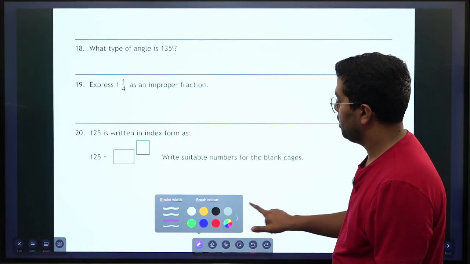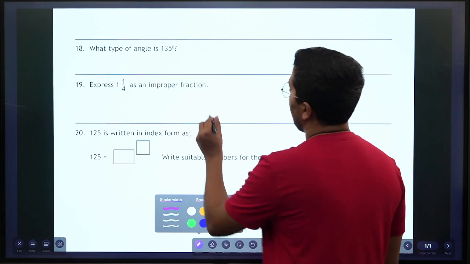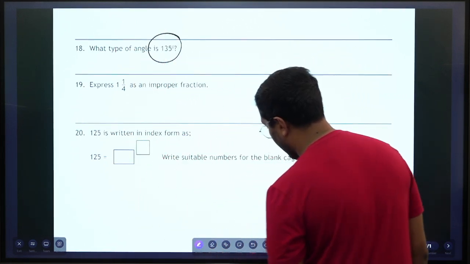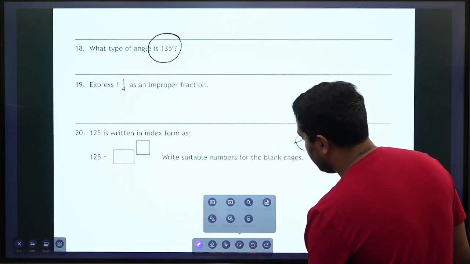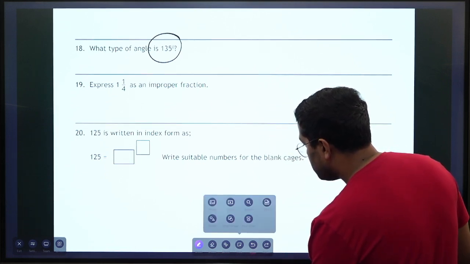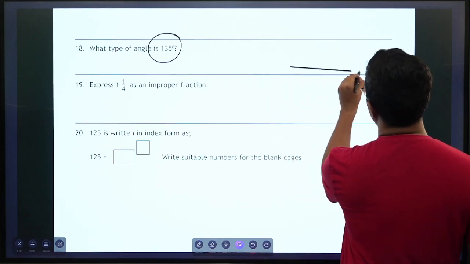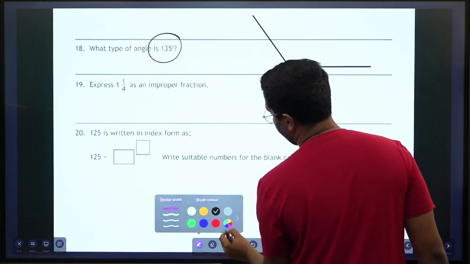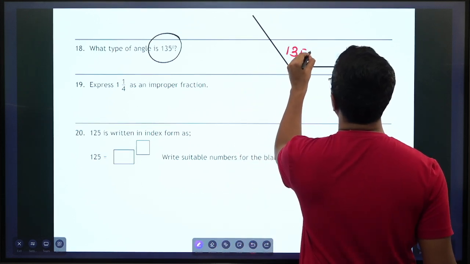Right. Kids, what type of an angle is this angle? Let's say we have an angle like this. The magnitude of the angle is 135 degrees.